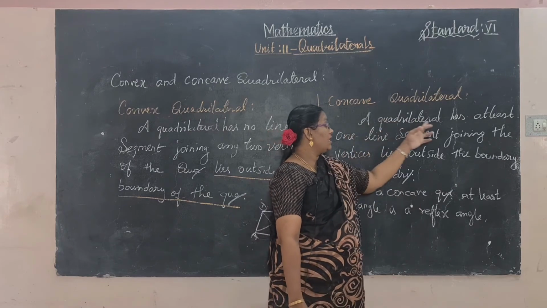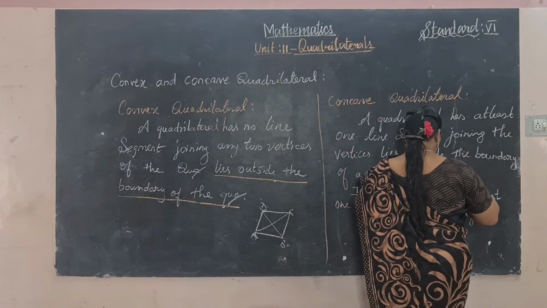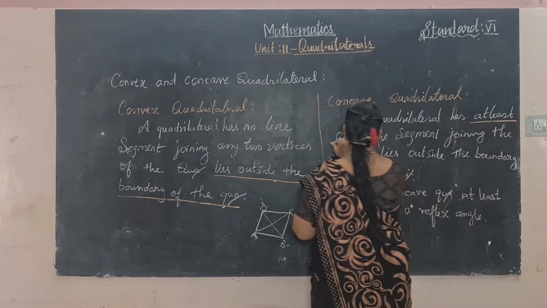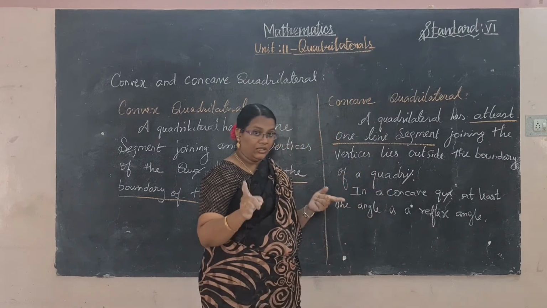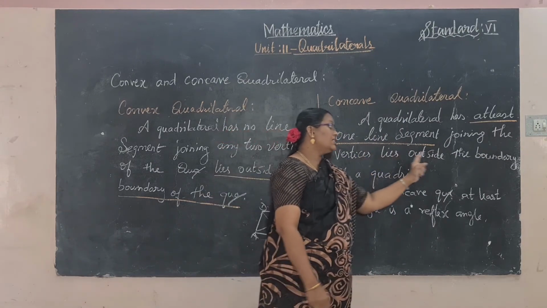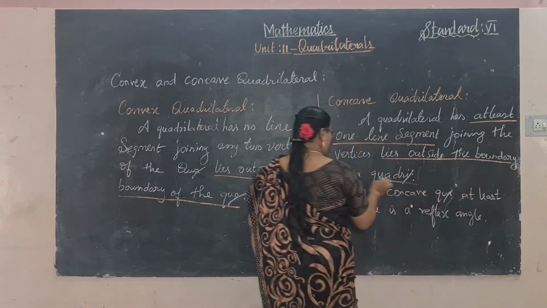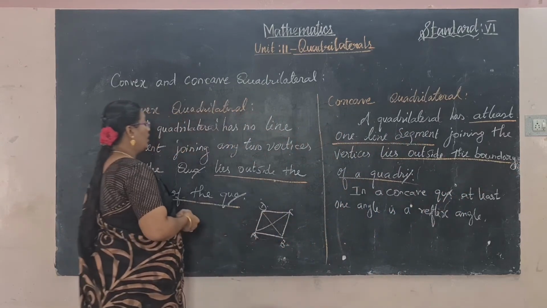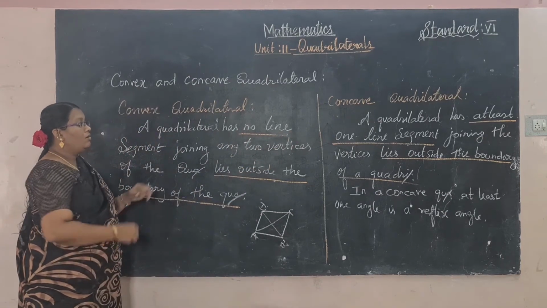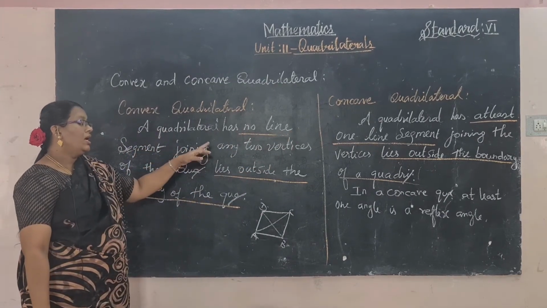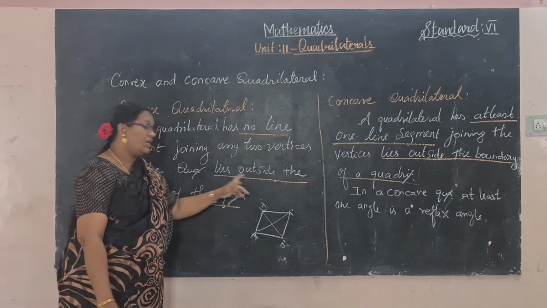A quadrilateral has at least one line segment joining vertices that lies outside the boundary of the quadrilateral. Here, no line segment joining any two vertices of the quadrilateral lies outside of the boundary.